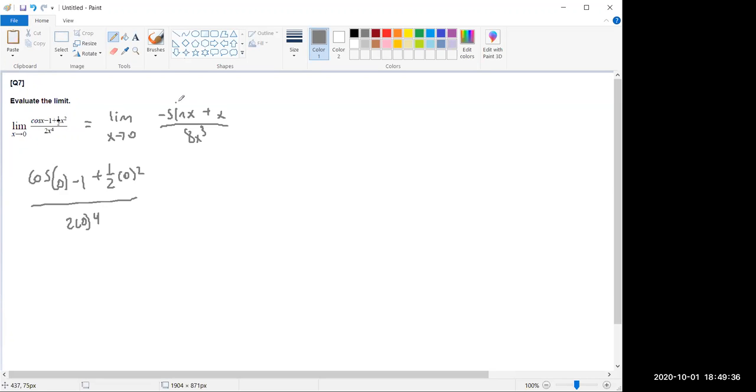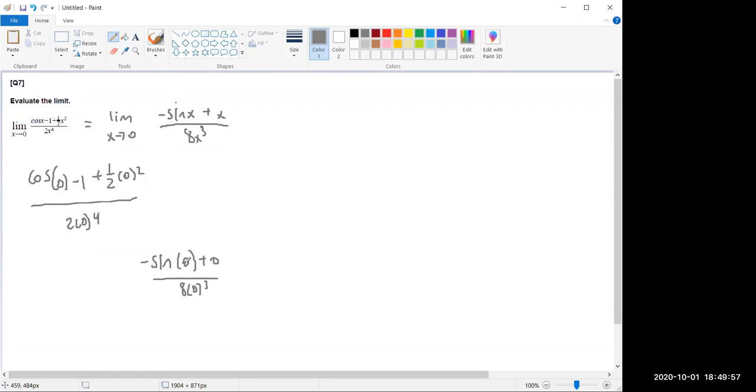All right, so let's try it again. When we plug in 0 into this function, what do we get? This will be negative sine of 0 plus 0 over 8 times 0 cubed. Does that give you something? Well, the denominator is undefined, right? So probably not.